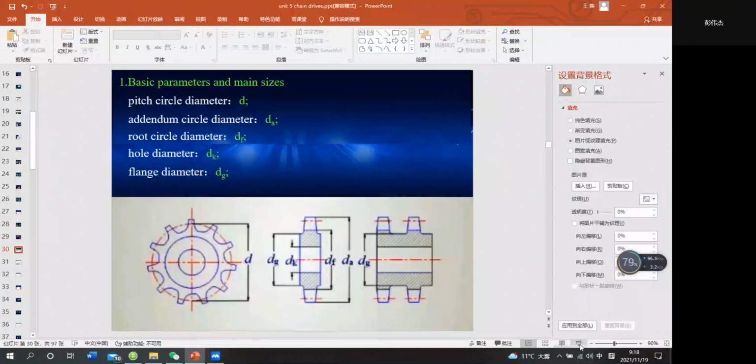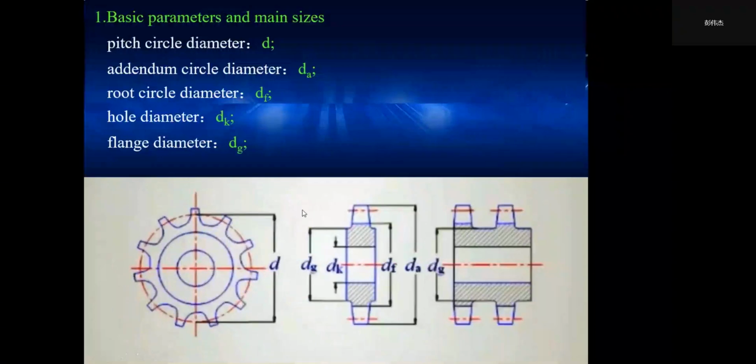And then below the basic parameters, the pitch circle diameter D is the diameter of the pitch circle, and there are the addendum circle diameter dA, the root circle diameter dF, the hole diameter for the sprocket dk, and the flange diameter dg.